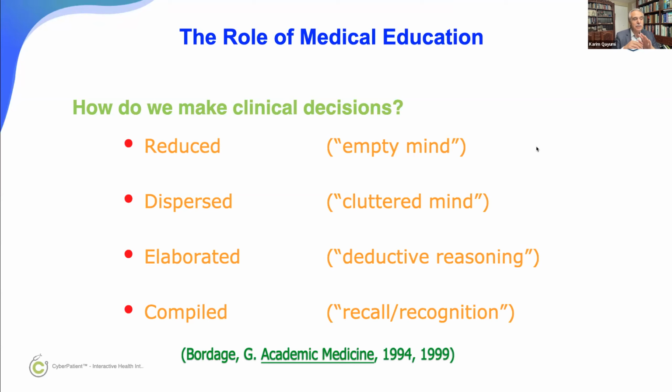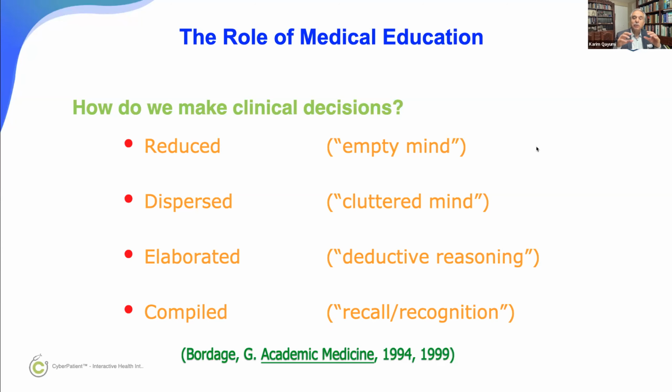Reduced thinking and dispersed thinking don't have any place in medical education because they are based on an empty mind, a clustered mind. But elaborated thinking is the type of educational method that we use to improve the practical knowledge of medical students. And that's done by deductive reasoning.